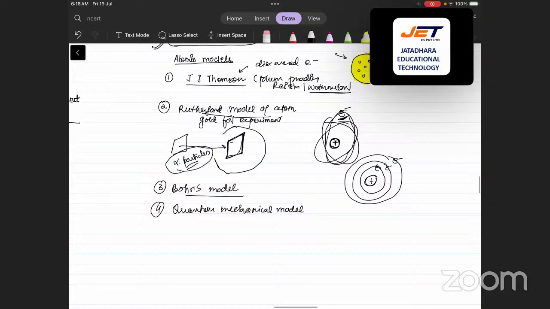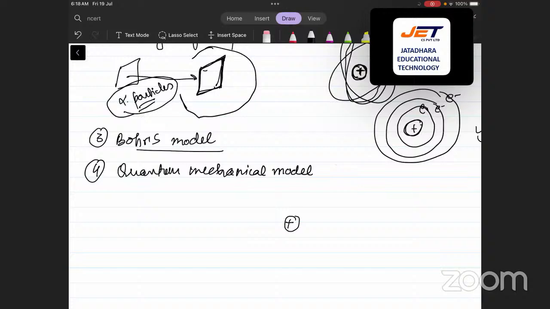Now, how does the atom look according to the quantum mechanical model? Obviously the nucleus is at the center in Rutherford's, Bohr's, and the quantum mechanical model. But according to the quantum mechanical model, around the nucleus, the electrons will be present as a cloud around the nucleus.